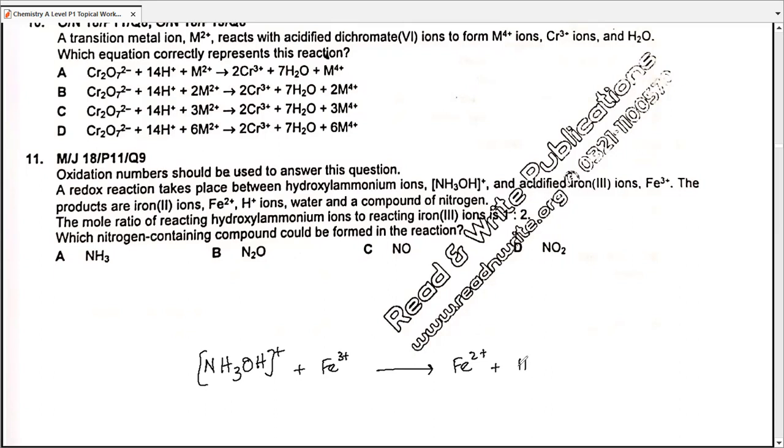It also gives us hydrogen ions, it also gives us water, and it gives us a compound of nitrogen. We don't know what that is. Now, one thing for sure is that the mole ratio is 1:2. 1 is for hydroxylammonium, and 2 is for iron 3 ions. This one is for sure 1, and this one is 2. Now, since this one is 2, this one is also supposed to be 2.